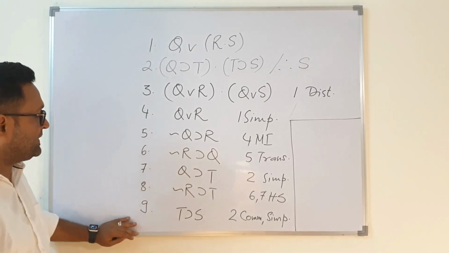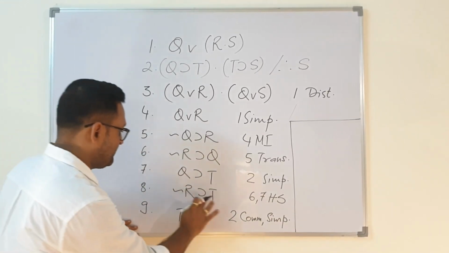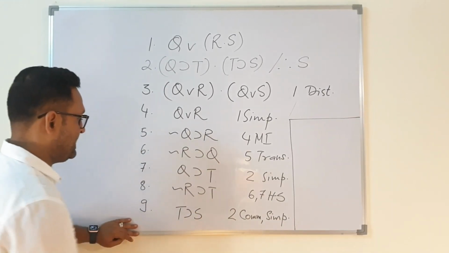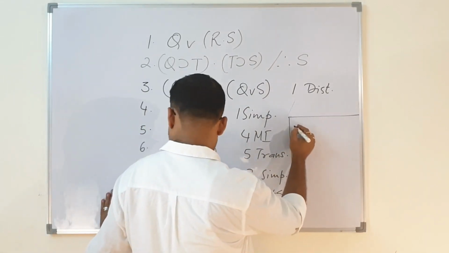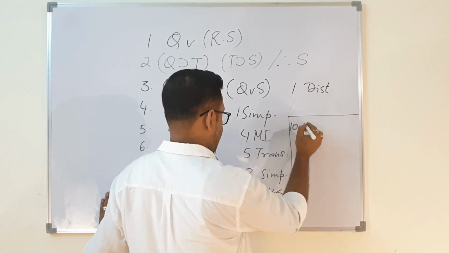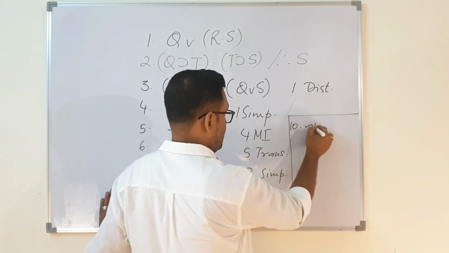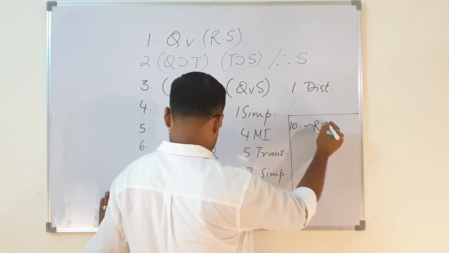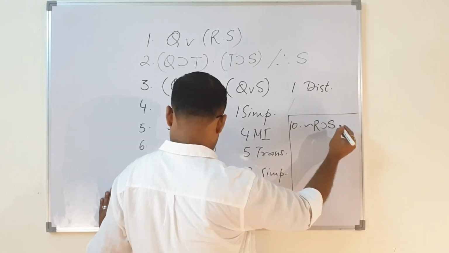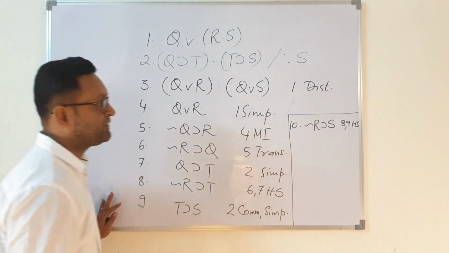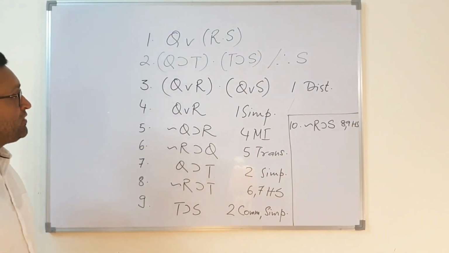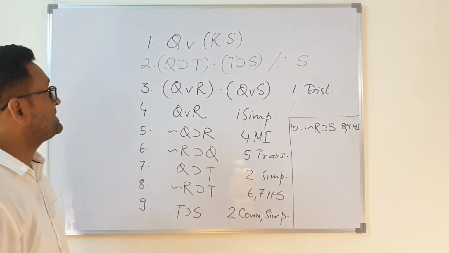So I have got T implies S, I have got negation of R implies T, and I have got T implies S. So with this I will find 10. This will be negation of R implies S. So this will be 8, 9 hypothetical syllogism, right? So I get negation of R implies S.